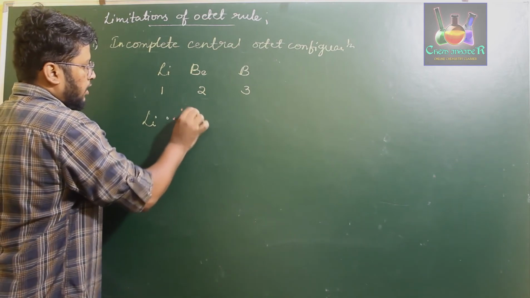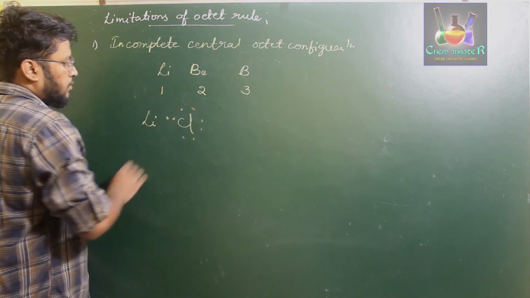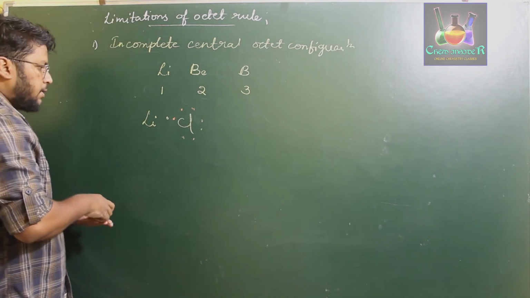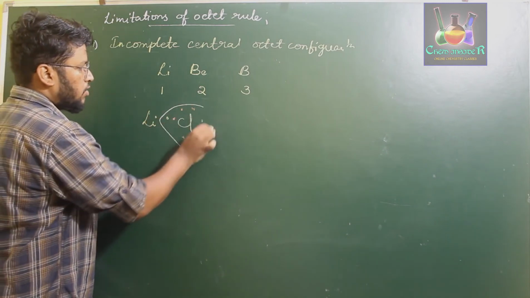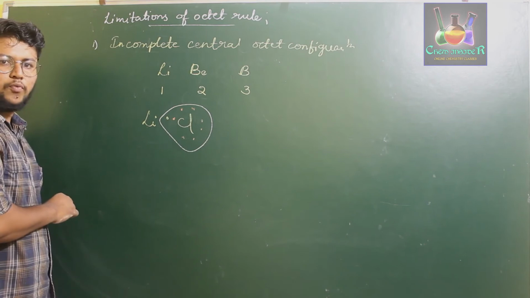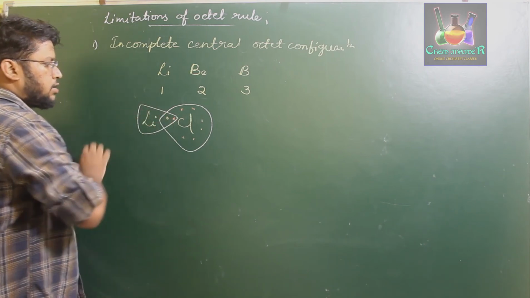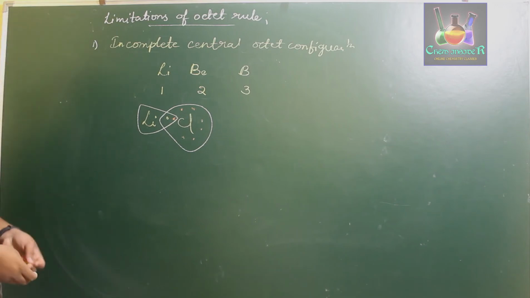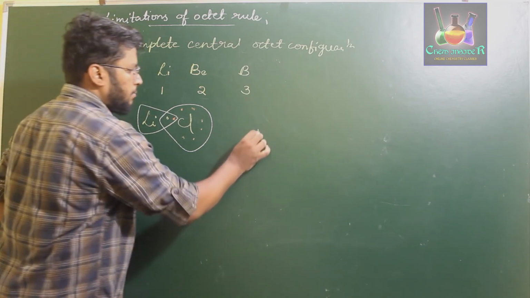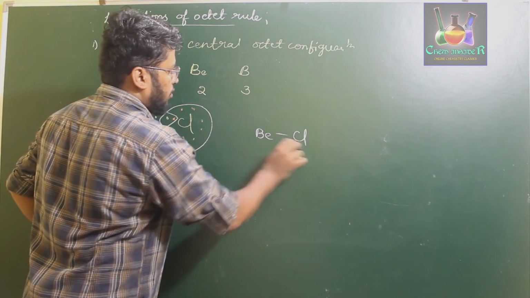In this example, chlorine has 8 electrons in its valence shell now, with the sharing of 1 electron from lithium, but lithium has only 2 electrons in its valence shell. Similarly, beryllium will be bonded with 2 Cl atoms.